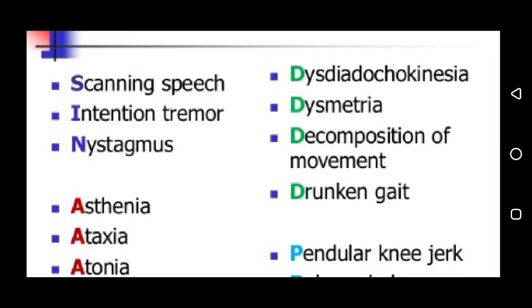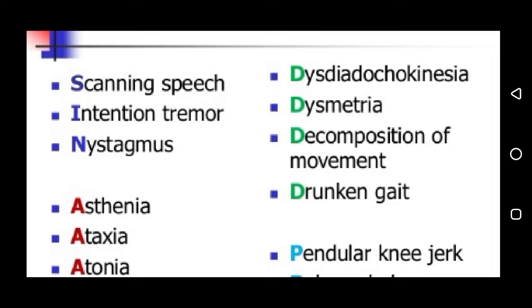Another term is dysmetria. What is dysmetria? Dysmetria is another characteristic sign of cerebellar region, manifested by the patient's inability to assess the depth or distance of objects.